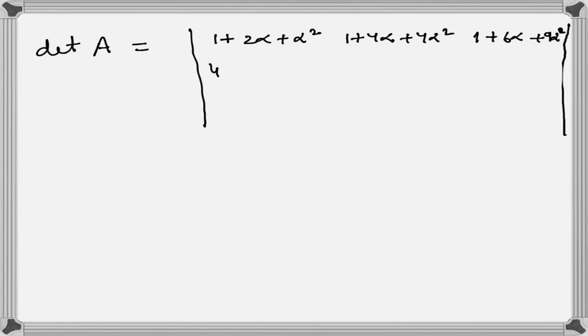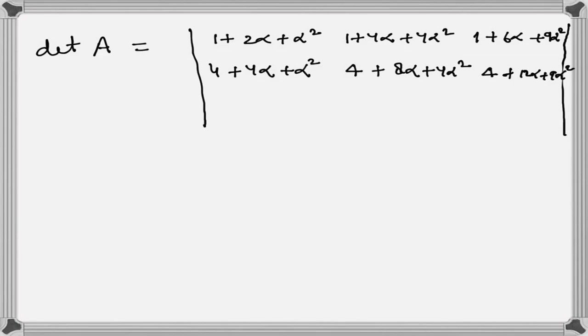Then the second row: 4 plus 4 alpha plus alpha square, 4 plus 8 alpha plus 4 alpha square, and this is 4 plus 12 alpha plus 9 alpha square.